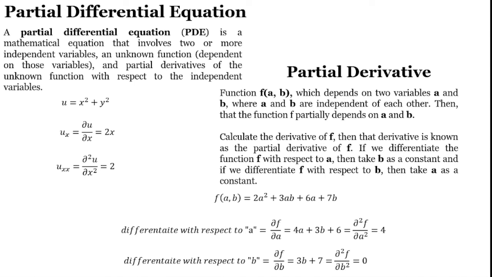After that 7b, b differentiated with b gives 1, so 7 into 1 is equal to 7, giving 3a plus 7. I again perform the differentiation on that equation, so dou square f by dou b square is equal to 0. Likewise, I got the solution from the partial derivative concepts.